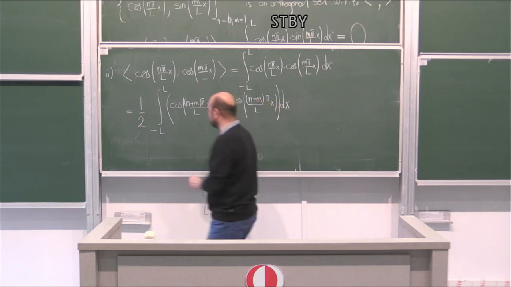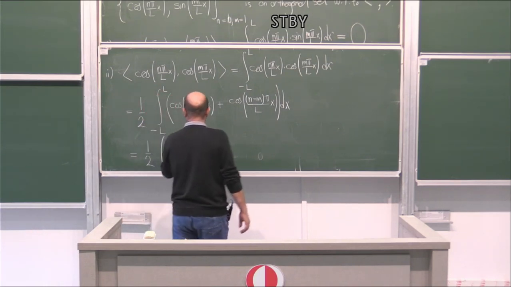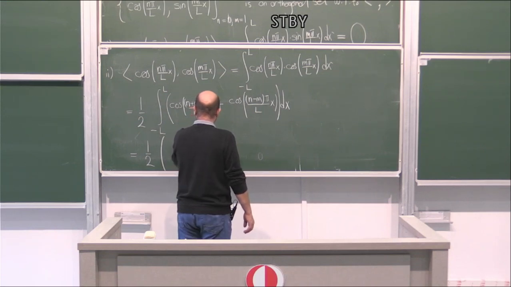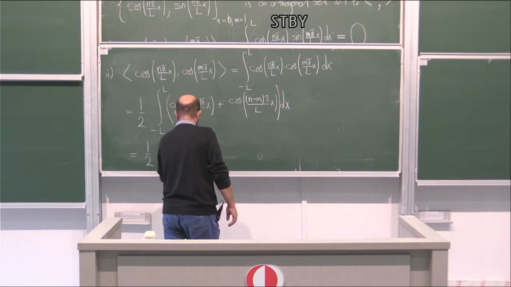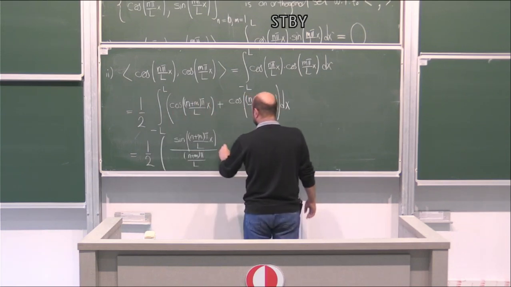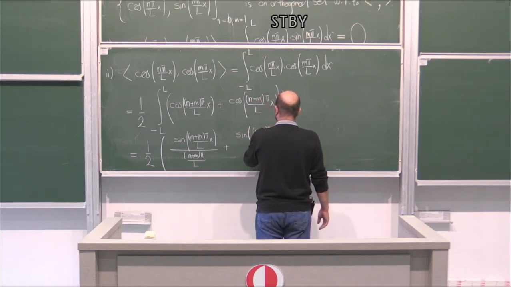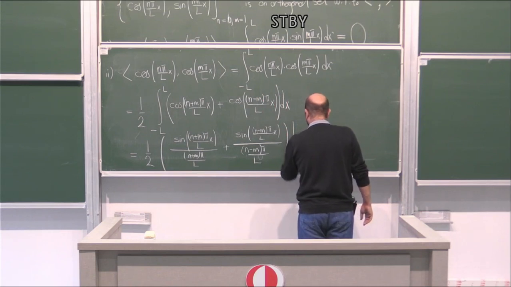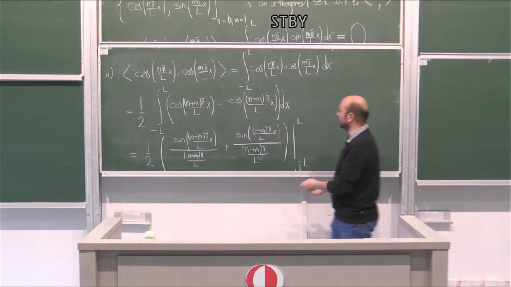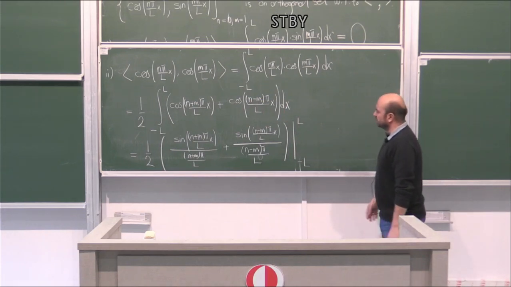So here, if I integrate these things, 1 over 2, the antiderivative will be sine (n plus m) pi over L x divided by (n plus m) pi over L. And similarly, this one, sine (n minus m) pi over L x divided by (n minus m) pi over L, from minus L to L. Actually, I could do better, since these are even functions, I could integrate from 0 to L and double it, but we will see. Nothing changes. So this is what I get.